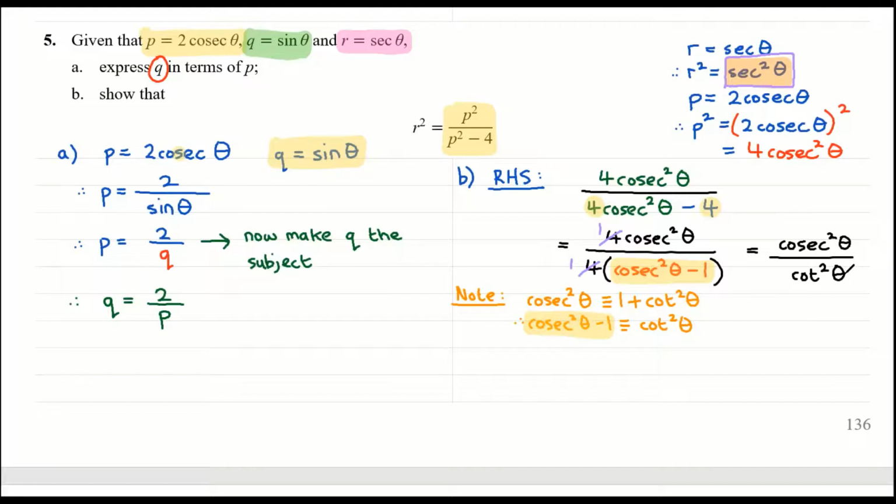Okay, the basic building blocks of all these functions is sine and cos. So we can go back to sine and cosine and see if we have any cancellation or any manipulation we can do.